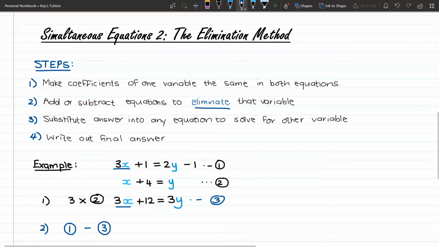So over here we have 3x minus 3x, so that part gives us 0. We have 1 minus 12, which will give us minus 11. We have 2y minus 3y, which gives us minus y. And finally, we have minus 1, and there is nothing there, so it's just minus 1.